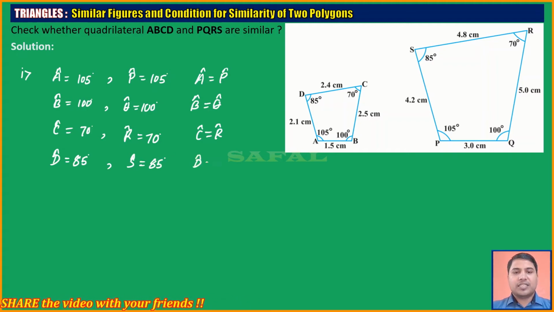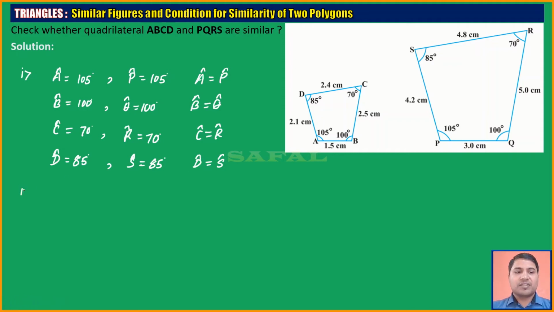That means angle D equals angle S. So the first condition we have verified: the corresponding angles are equal. But this is not sufficient to say whether they are similar or not.